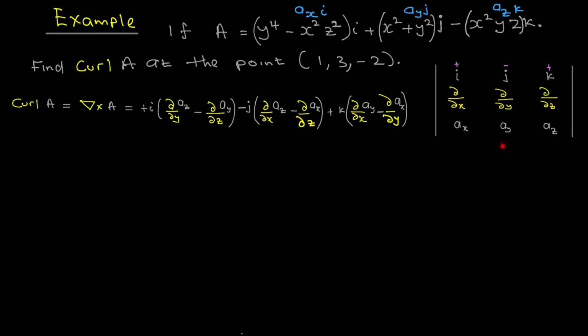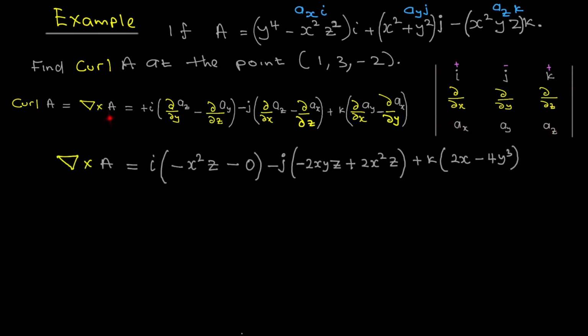This process is what we call a determinant. So we take the i vector, cross that out, and do AZ times partial derivative with respect to y, and that's what you get here, minus AY partial derivative with respect to z.